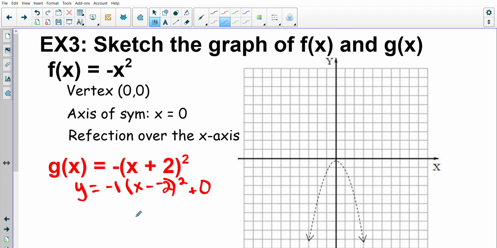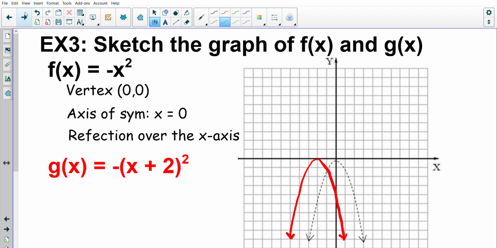Because our original pattern has a times (x minus h) plus k. So here I can see that I'm moving to the left 2. It's still a reflection. It's still upside down because my a value is negative. So it opens down. And so now I see my vertex is at (negative 2, 0), and my axis of symmetry is at x equals negative 2.